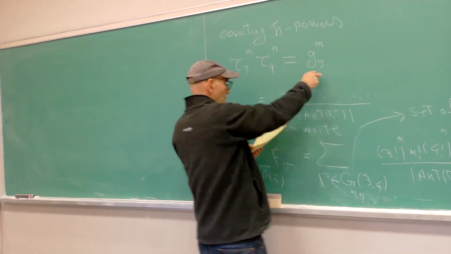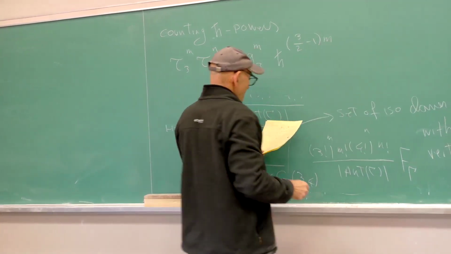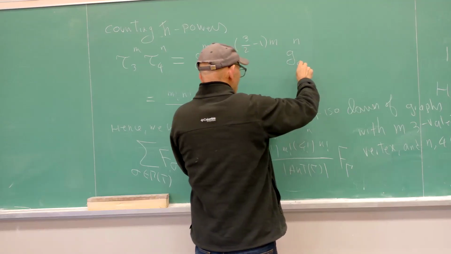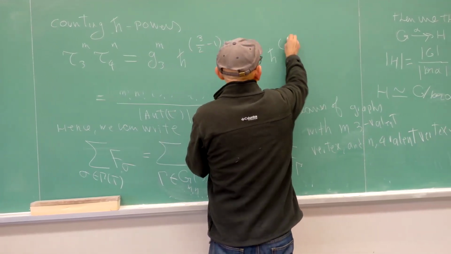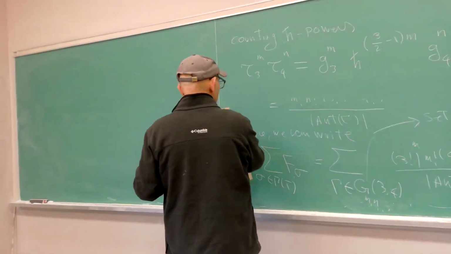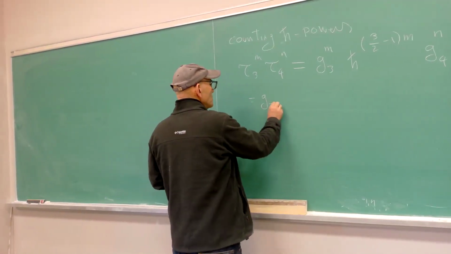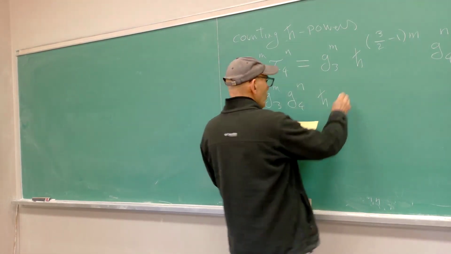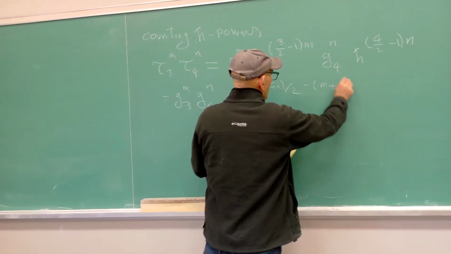According to the definitions, this comes out to be G3 to the power m, H bar to the power 3 over 2 minus 1 times m, then G4 to the power n, and H bar to the power 4 over 2 minus 1 times n, which we can write as G3 to the power m, G4 to the power n, and then H bar to the power 3m plus 4n over 2 minus m plus n.